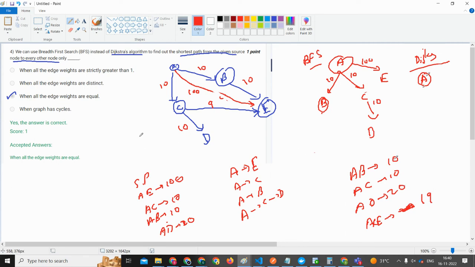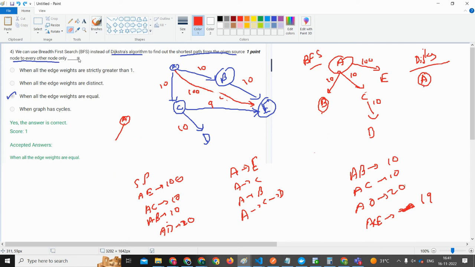But when all the weights are equal, A, B, C, D, then E, and this is also 10, all the edges have the same weight.